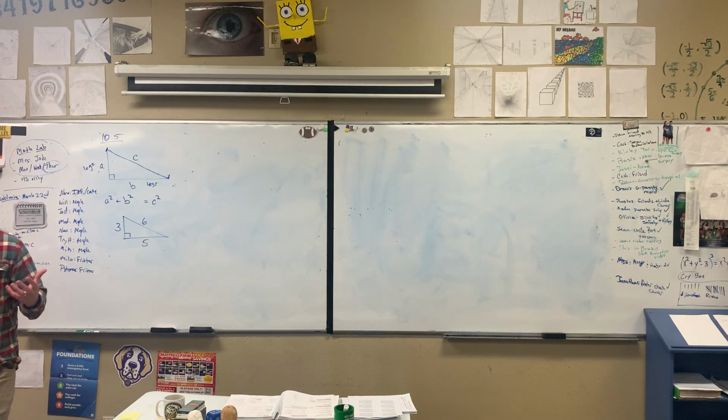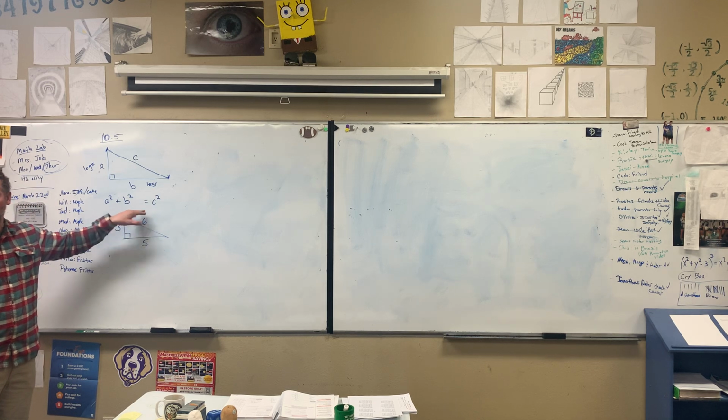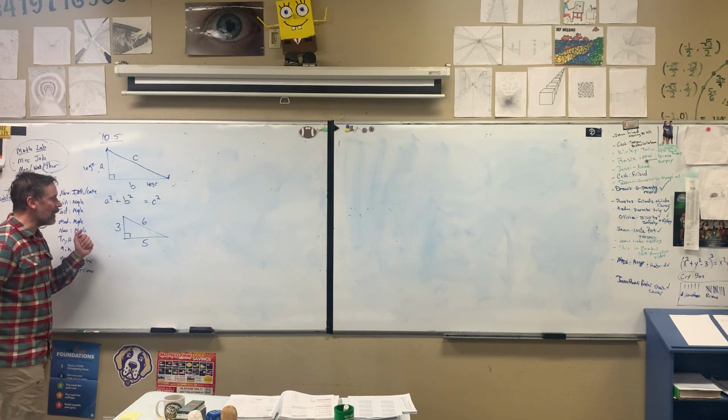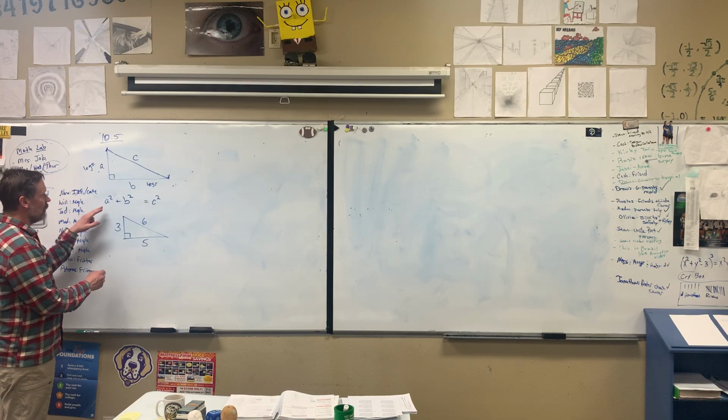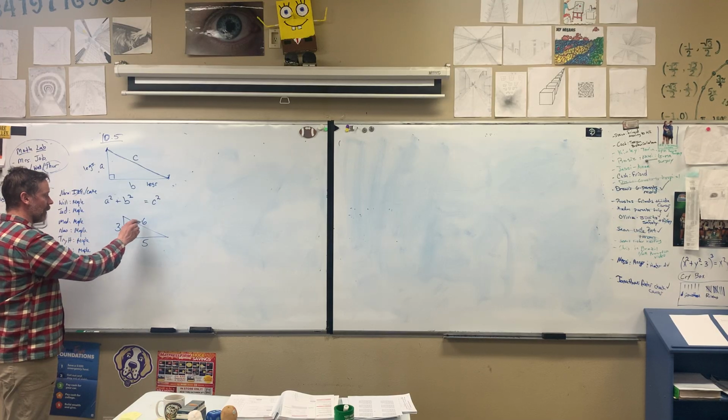Now, I just drew that picture on the board, and I made up some lengths here, and I said it's a right triangle. You could verify that it is or isn't a right triangle by plugging into the Pythagorean theorem. If the Pythagorean theorem holds true, then you know you have correct lengths for that right triangle. So if we were to try this, we would say, okay, leg squared plus leg squared is equal to hypotenuse squared, hypotenuse being opposite of the 90.